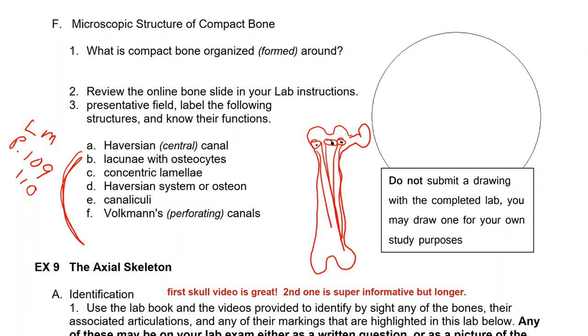And then you're also going to have some canals that come in from the side, little spaces where blood vessels and other things can come in. These perpendicular canals are going to be Volkmann's canals. And the ones that run parallel to the structure of the bone, these black canals, are going to be Haversian canals. So just notice those two different things. And I'll show you on a histology slide as well.